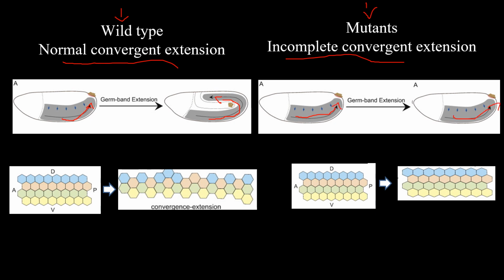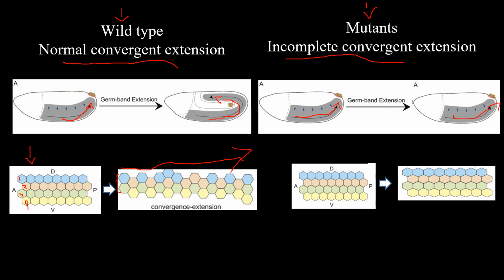So in other words, in convergent extension, you have these four rows of cells in the wild type. 1, 2, 3, 4. It's not that you really have four rows, it's just a schematic to make life simpler. And here they converge into two, and this got much longer.